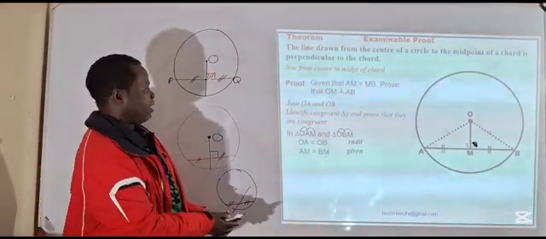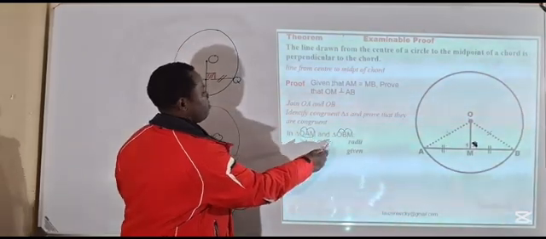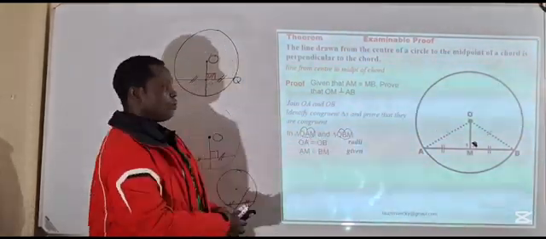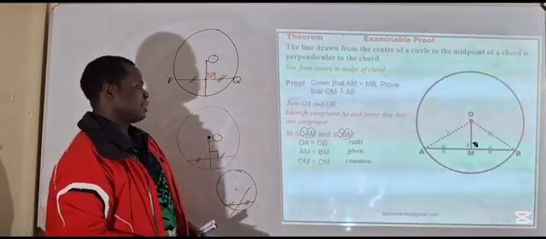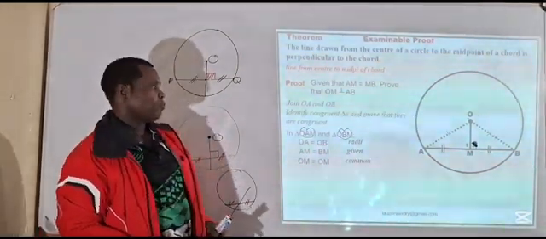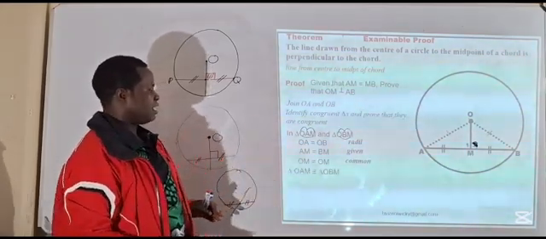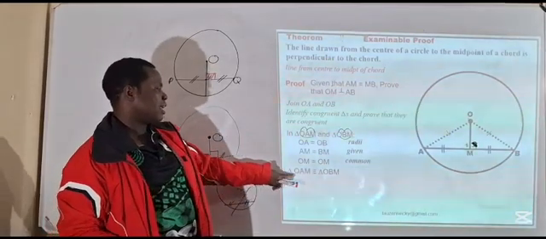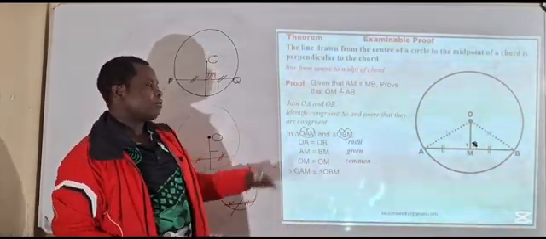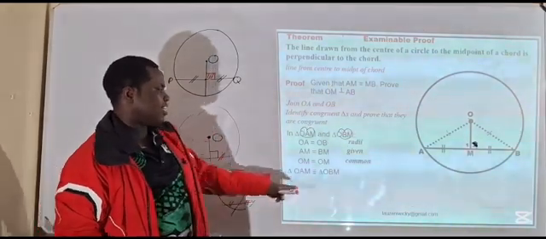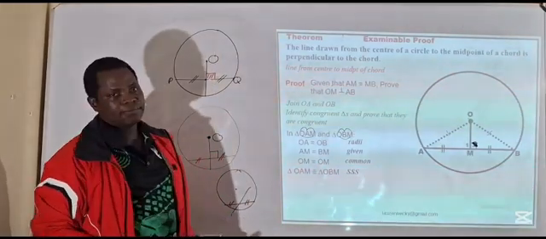Then we compare the outside measurements, from O to A to M and O to M. OM, we see that it is the same line, so we say it's common. We have 3 sides that are equal. If all 3 sides are equal, it follows that triangle OAM and triangle OBM are congruent to each other, and the case of congruence is side, side, side.